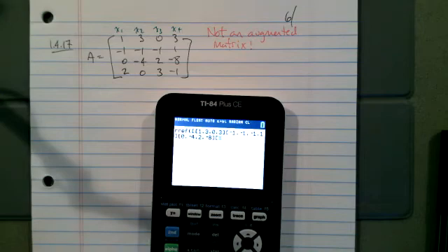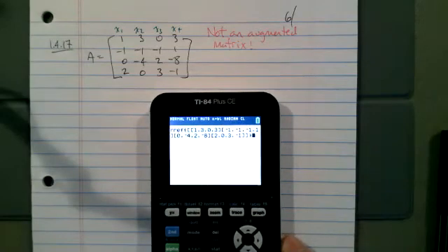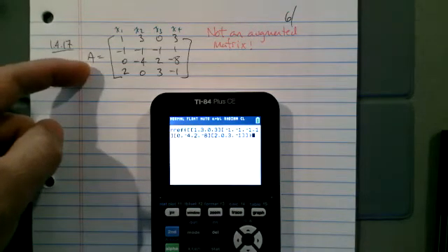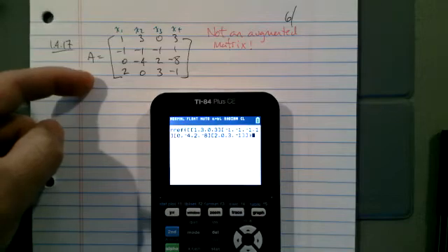And then the last row, 2, 0, 3, -1. Close the row, close the matrix, close the command, and then check that I've got everything: 1, 3, 0, 3, -1, -1, -1, 1, 0, -4, 2, -8, 2, 0, 3, -1.